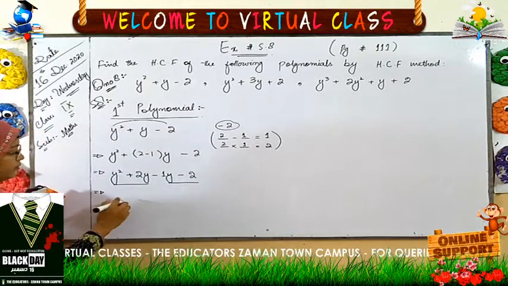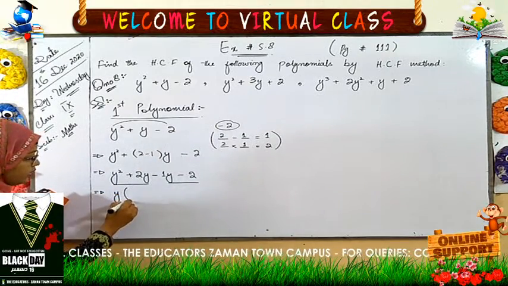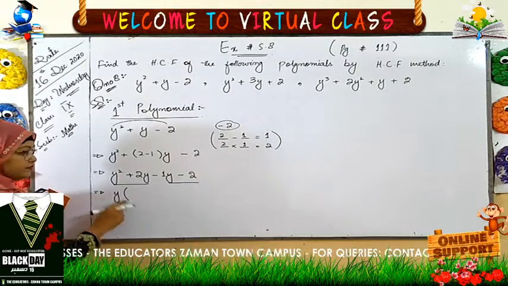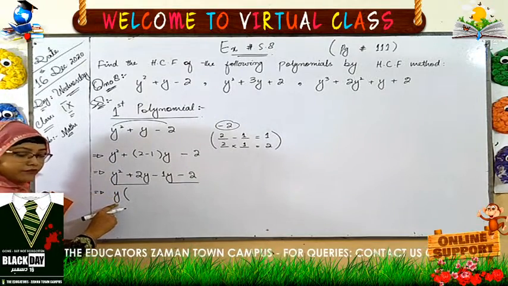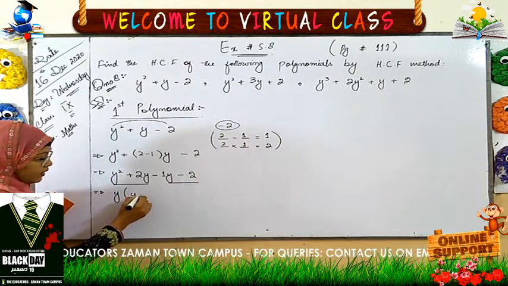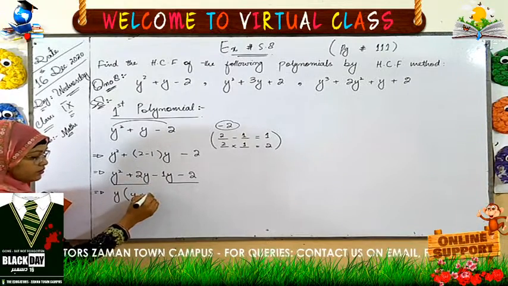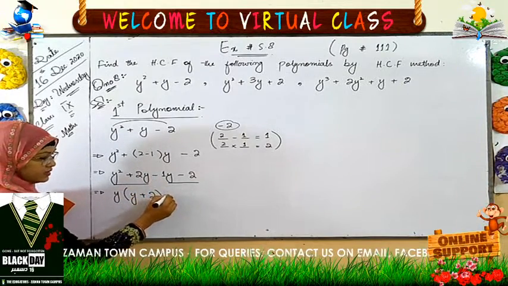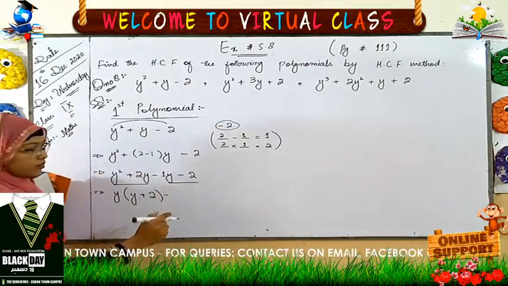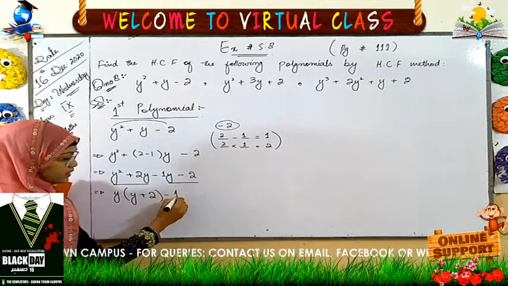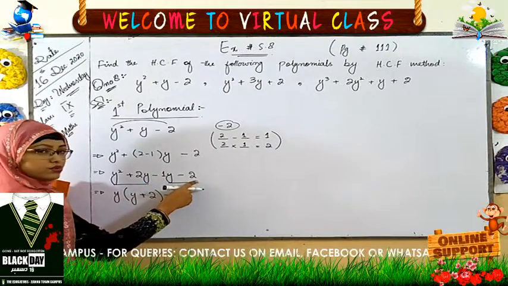What is common here? We have y as a common value, and in the bracket we will write the remaining. From y square we have taken y, so we write y plus 2. Then what is common in the last two? Nothing is common, so we take 1 as a common value, because 1 ones are 1 and 1 twos are 2.